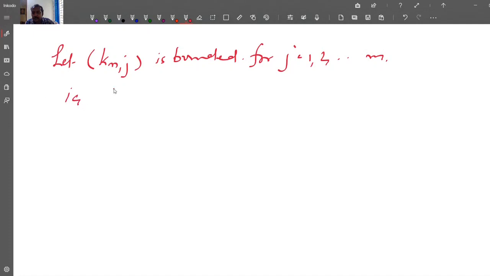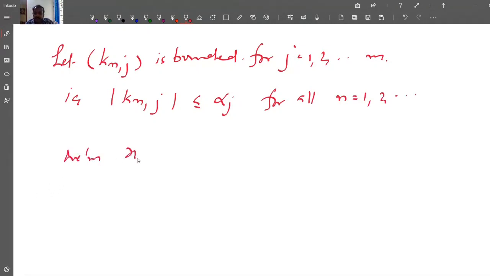That is, modulus of knj is less than or equal to alpha j for all n equal to 1, 2, etc. We have xn is kn1 y1 plus kn2 y2 plus etc. plus knm ym.